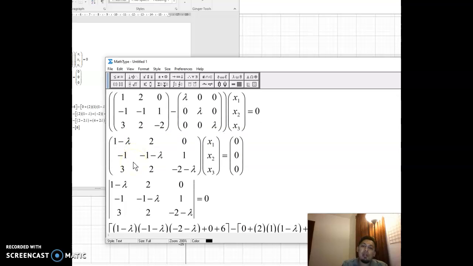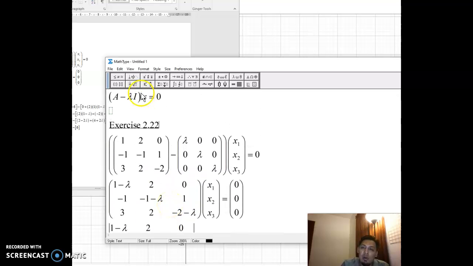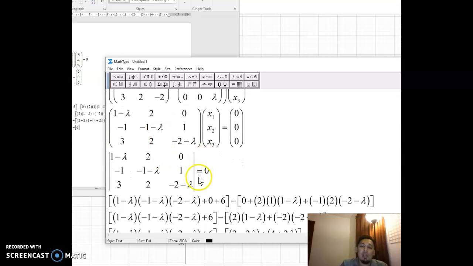So one operation that we can do is determinant, right? Because as we discussed before, when we subtract these two, it can't be inverse. So one of the properties of a matrix that can't be inverse is that determinant equal to 0.